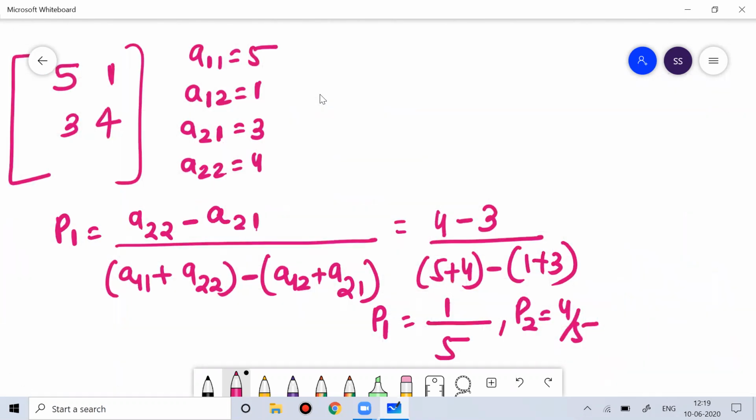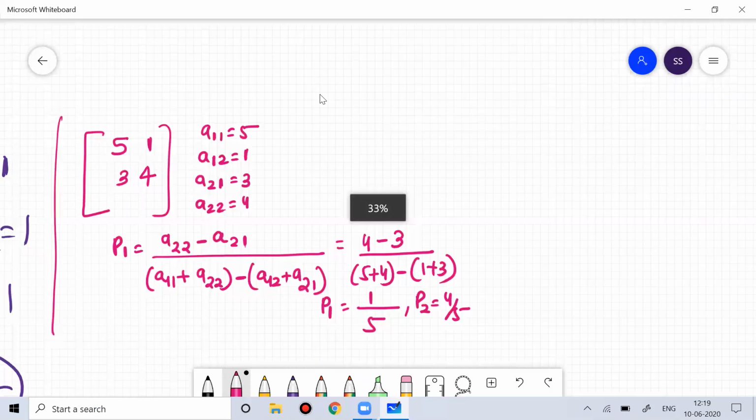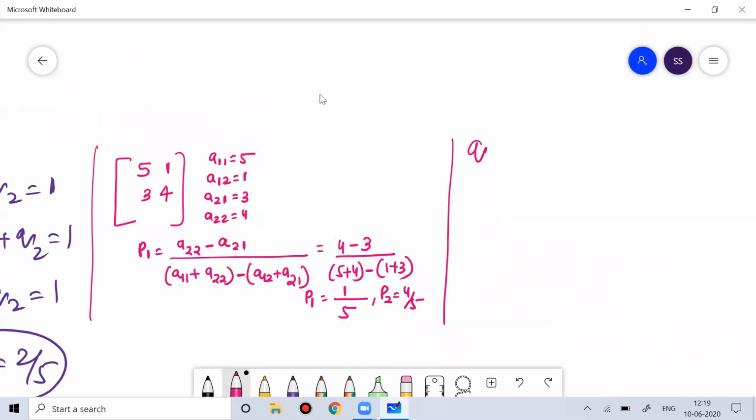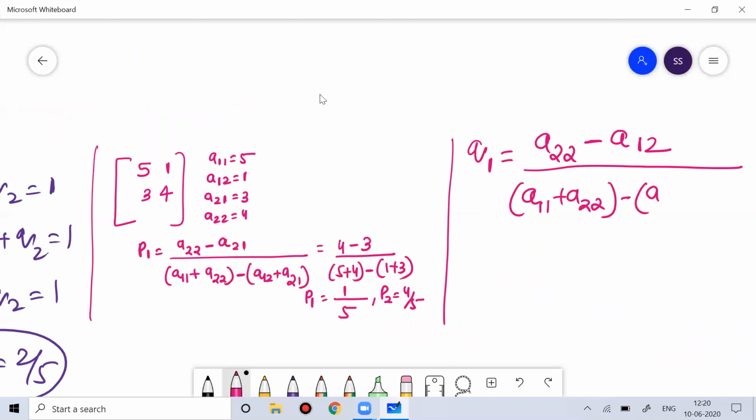Similarly, you can find the value of Q1. The formula of Q1 is equal to A22 minus A12 divided by A11 plus A22 minus A12 plus A21.